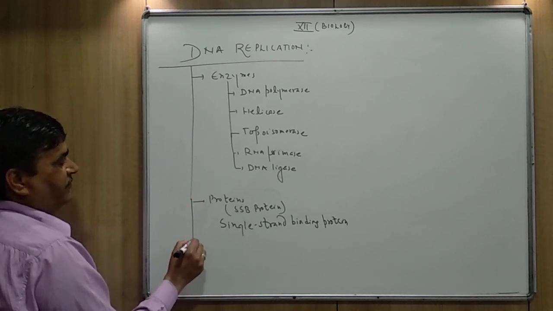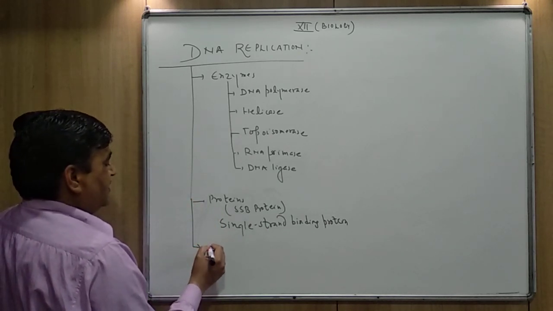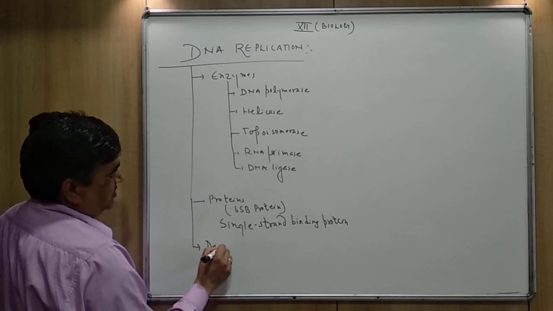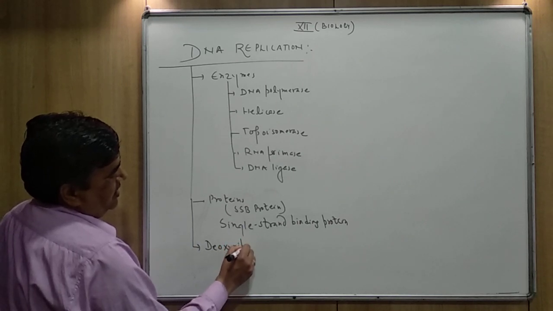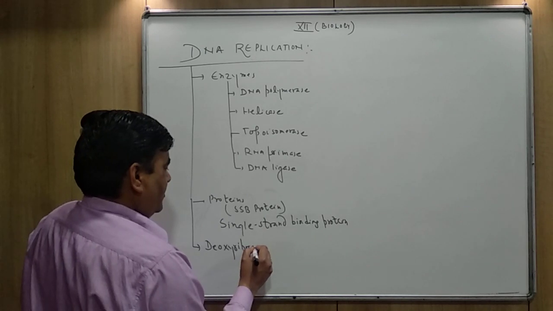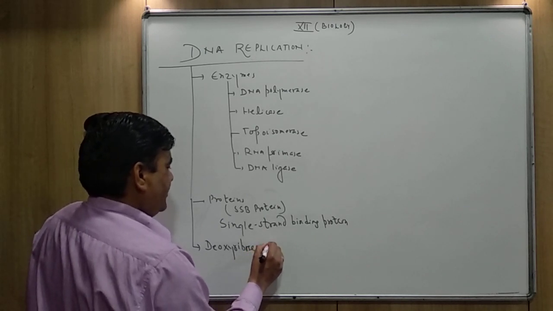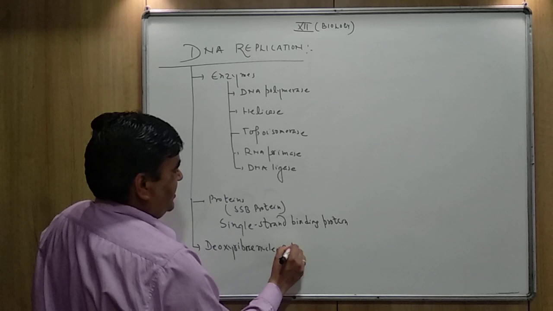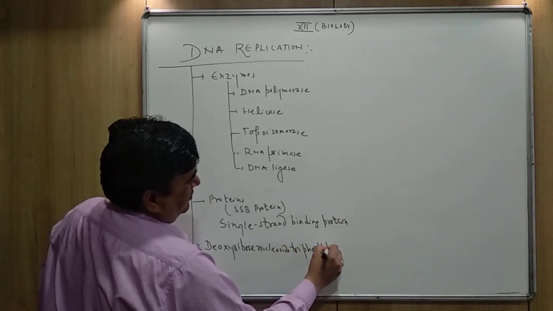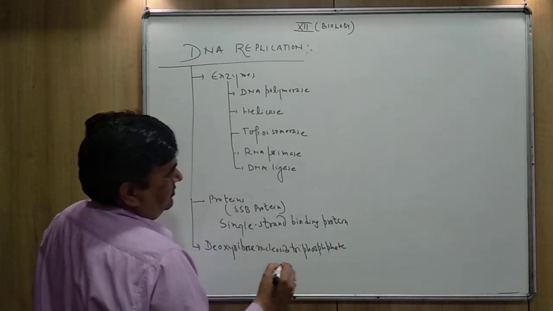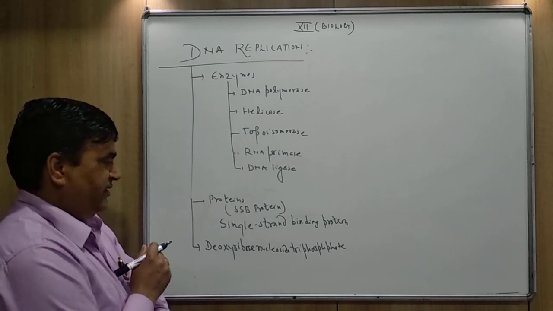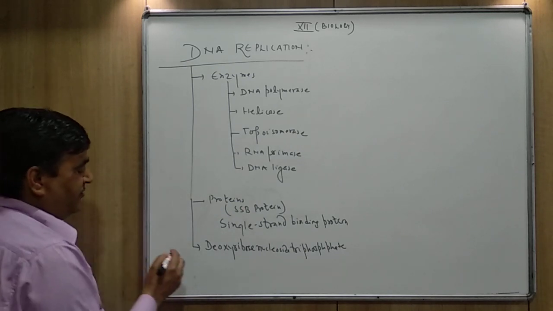After the protein, the substrate is required, and these are deoxyribose nucleoside triphosphate. Deoxyribose nucleoside triphosphates, these all are the substrates.